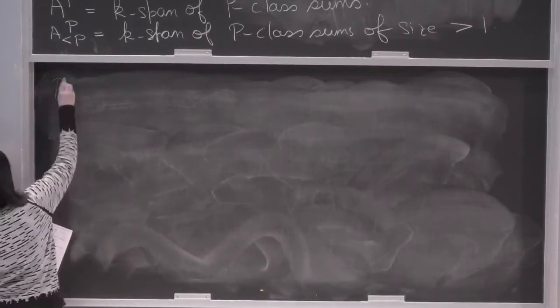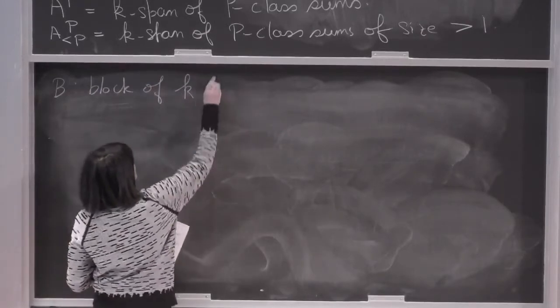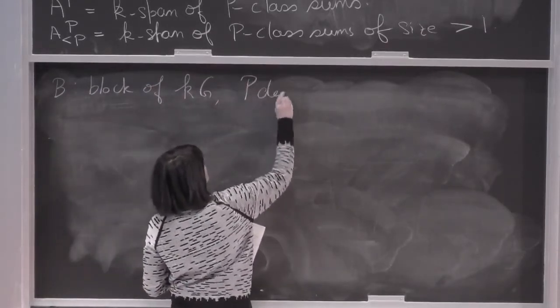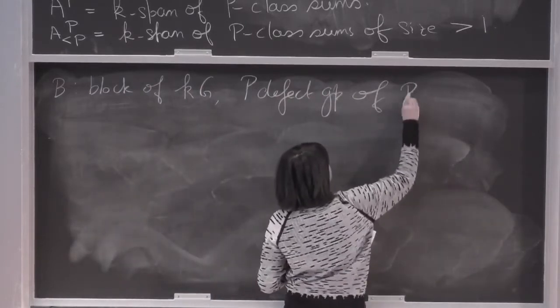From now on, B is a block of KG, and P is a defect group of B.